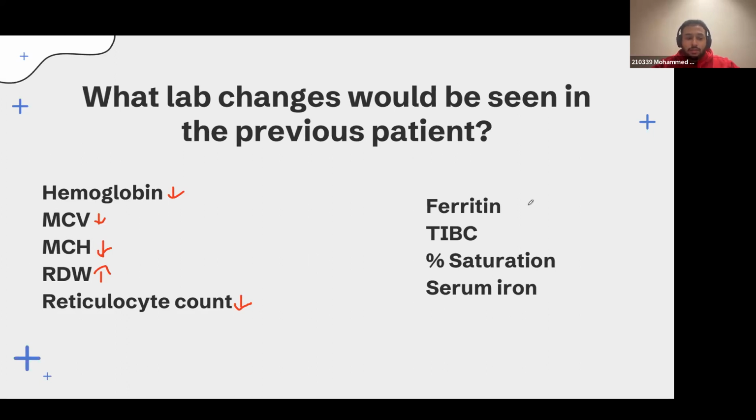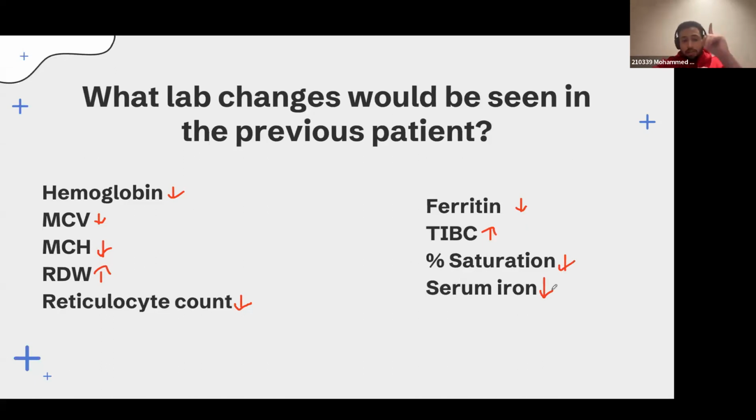Okay, ferritin, low. Okay, TIBC, high. Perfect. The percent saturation for transferrin, low. Perfect. And serum iron, low. Perfect.